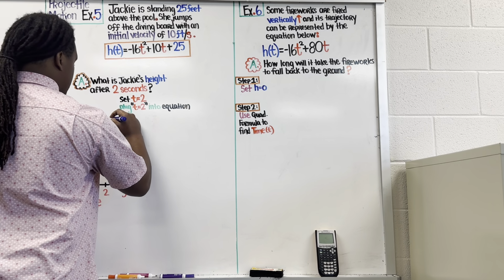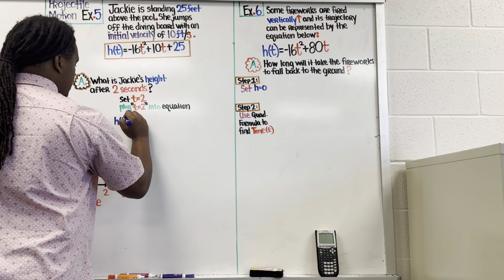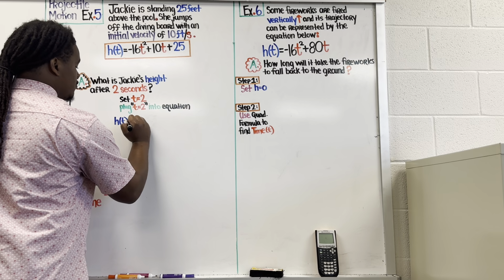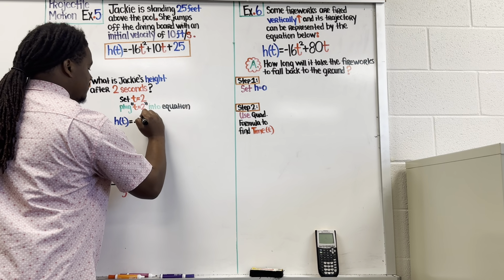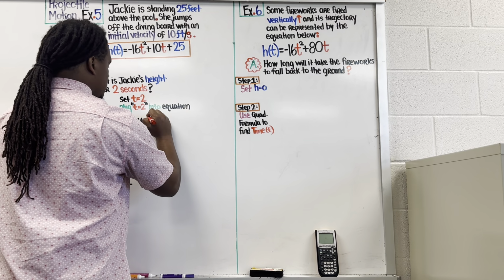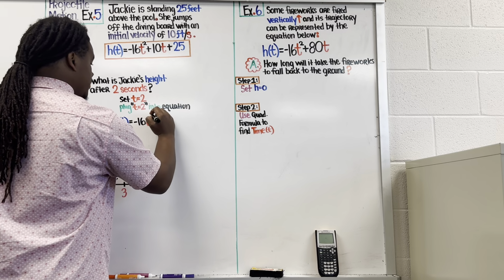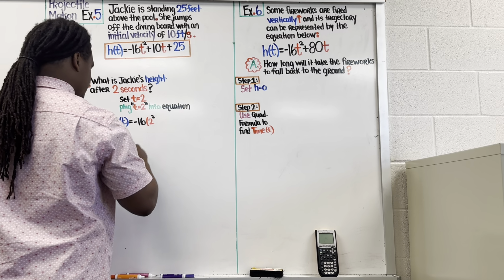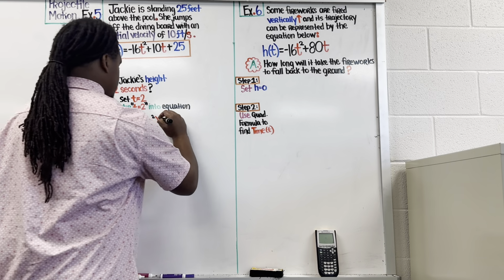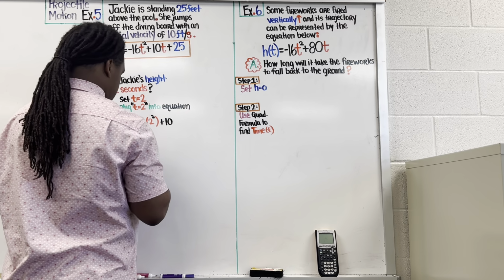So once again, I've got the height, h of t, which equals negative 16t squared. So that's going to be negative 16 times 2 squared, plus 10t, which is plus 10 times 2.